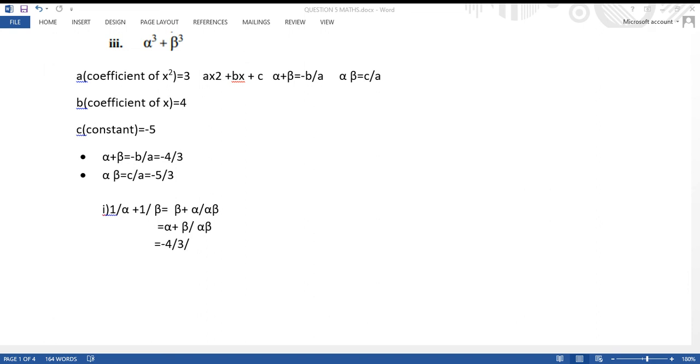So if we simplify, negative 244 over 27 gives us 9 and 1 over 27. Yes, this is our answer.